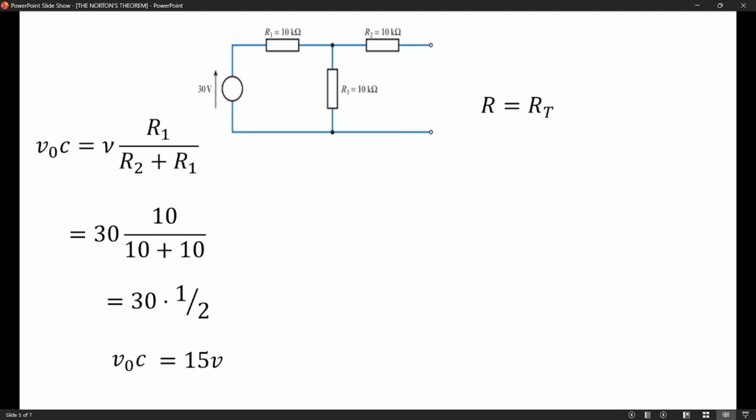So we have R equals R_T. But first, let's look at this circuit. You can see that this and this are connected in series, while R3 is connected in parallel.